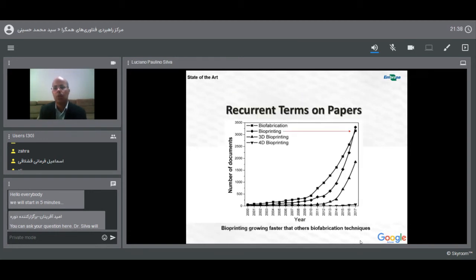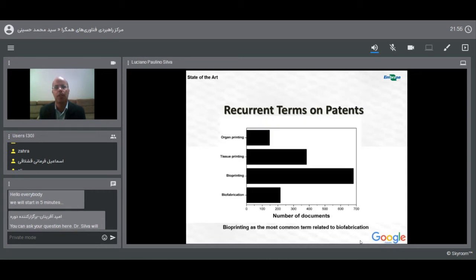And also we can understand the most recurrent terms in these papers, and bioprinting is a major term that can be found in these studies, and it is growing faster than other biofabrication techniques.